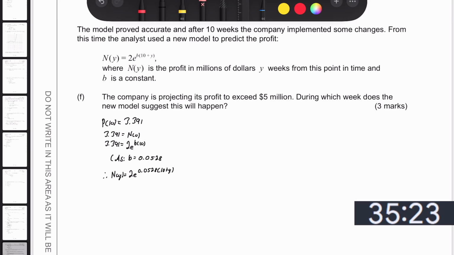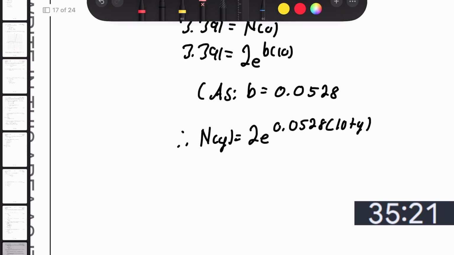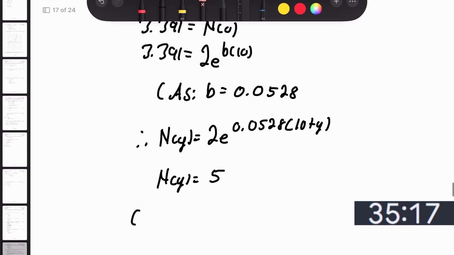Should exceed 5 million. Let's do n of y equals 5, CAS, then solve 2e to the 0.0528 times 10 plus x equals 5.